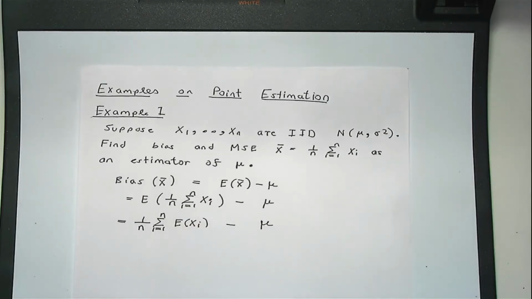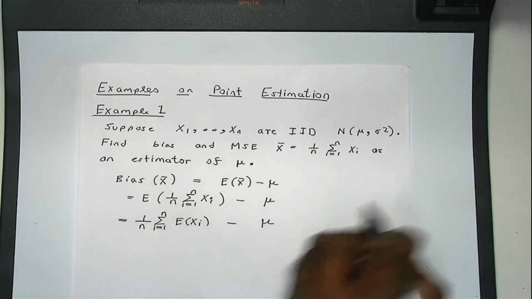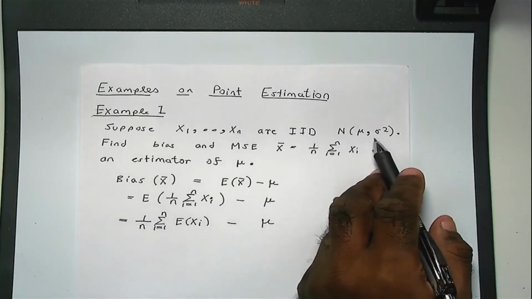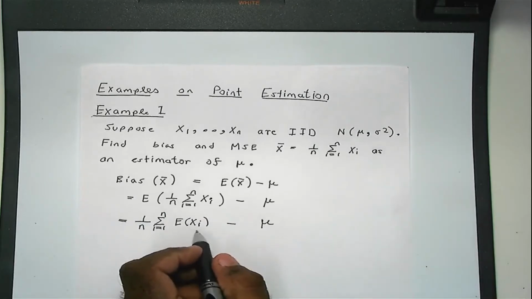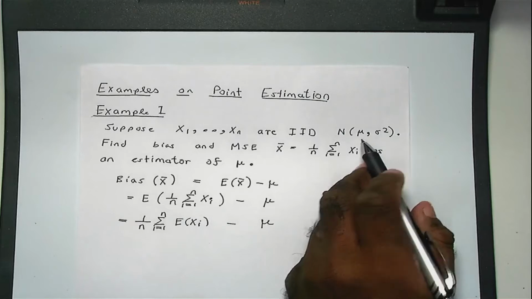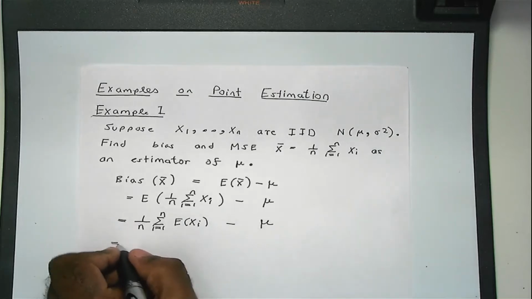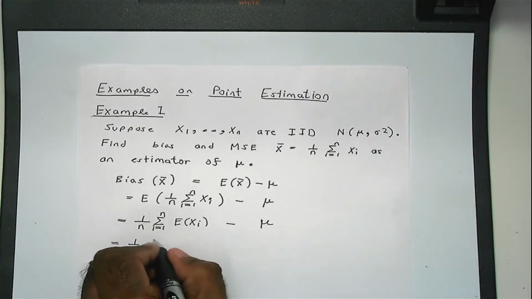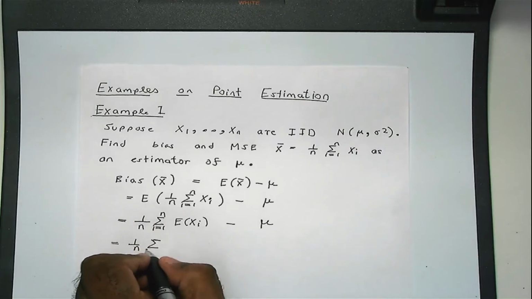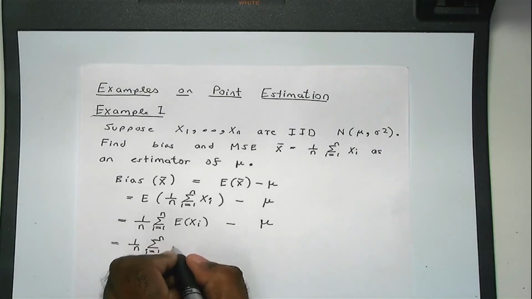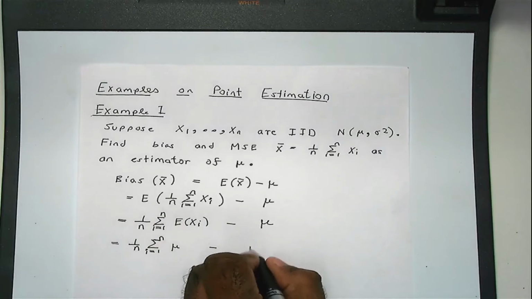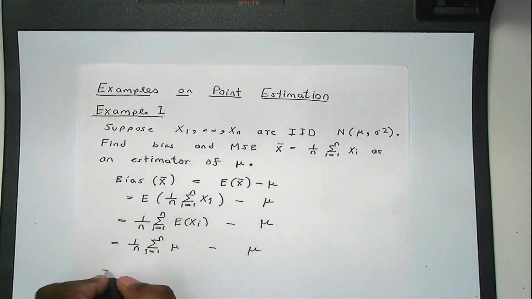I'm sure all of you know that since xi has this distribution, the expectation of xi is equal to mu. So this is 1 over n times the sum of mu minus mu. So this is 1 over n.